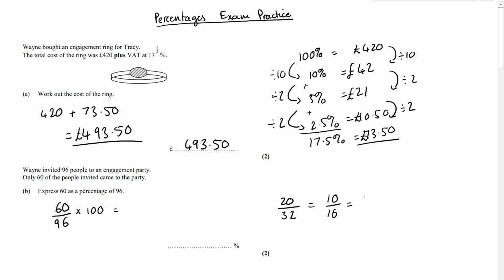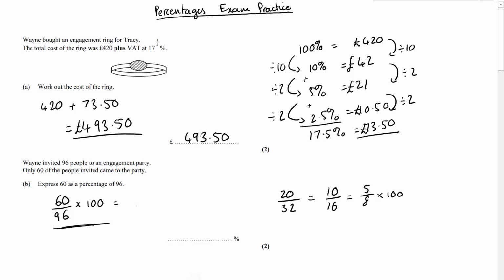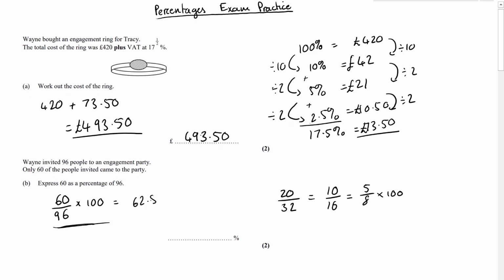And then we can divide by 2 again and give you 5 over 8, and then times that by 100 is going to be 500 divided by 8, but really you could just put this expression into a calculator and say 60 over 96 times by 100 is equal to 62.5%. And that would be your answer for this question.